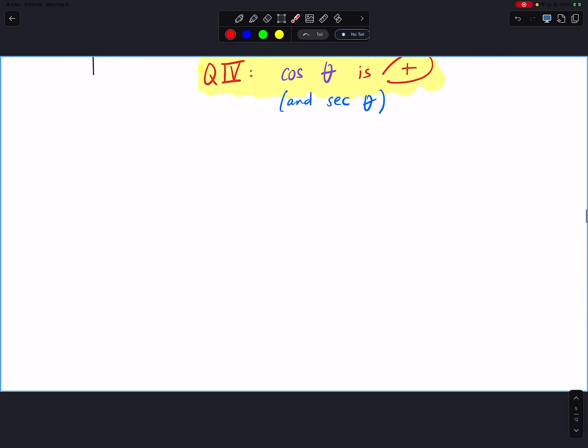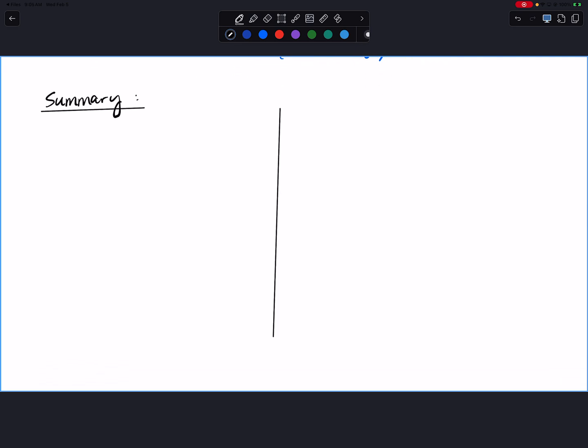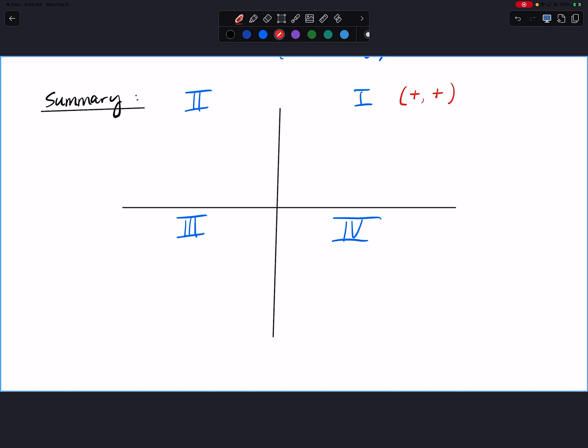Okay, so in summary, if we have our 4 quadrants, quadrant 1, quadrant 2, quadrant 3, and quadrant 4, anything that's in quadrant 1 is a positive, comma, a positive. So the takeaway from quadrant 1 is that all trig functions are positive.